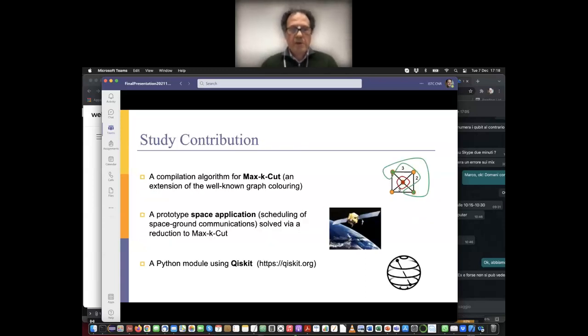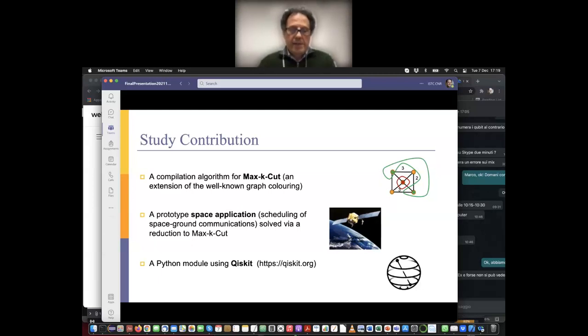So, what about our contribution? We have proposed an algorithm for the max k-cut problem, which is a generalization of the well-known graph coloring problem. And why graph coloring? Because we know some scheduling problems can be reduced to graph coloring. In fact, what we propose here is an application which is the satellite scheduling problem, which can be reduced to max k-cut.